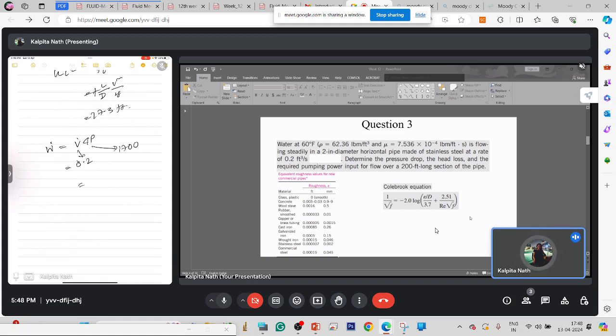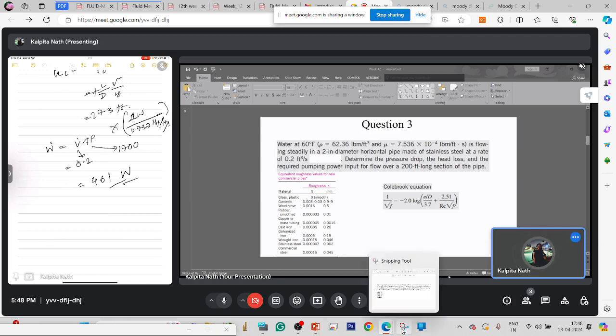So this came out to be 461 watt, and multiplied by 1 watt equals 0.737 pound force feet per second. Yeah, so let's proceed to the next question.